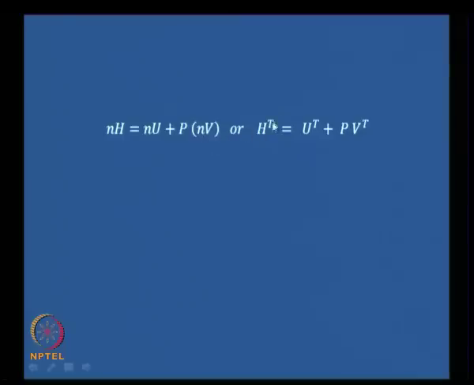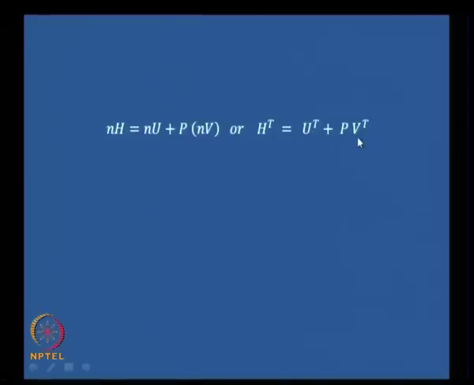Since we are using H superscript t to represent nH, U superscript t to represent nU, and P times V superscript t, note that P is an intrinsic quantity. Even if the number of moles of a system are different, as long as it is internally at equilibrium and so on, in most cases that is, we will have P to be the same throughout the system.